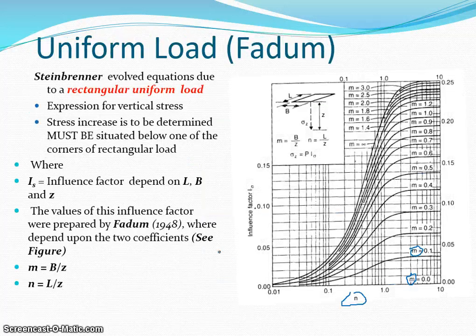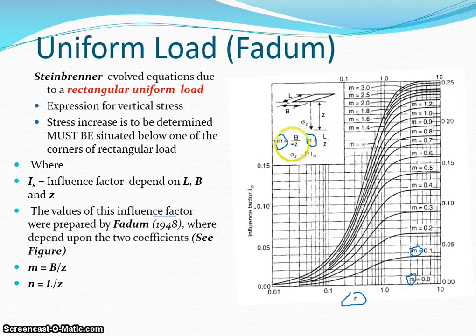Next, the second method is using the uniform load of Fadum. Similarly, you have a rectangular uniform load with the size B times L, width times length, and you are interested to obtain the vertical stress at depth Z. Fadum introduced the influence factor, and in order to get the influence factor, one needs to define M and also N first.